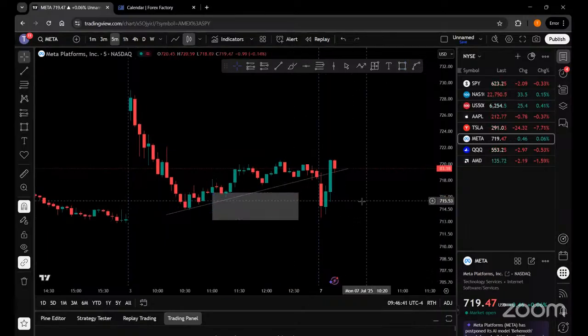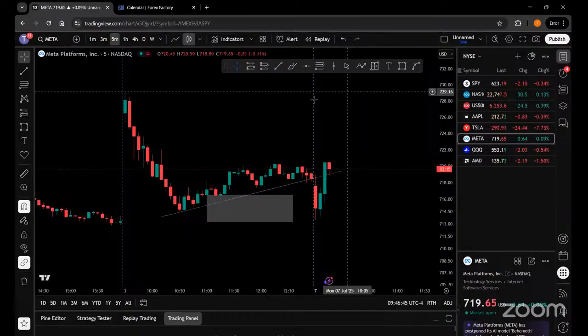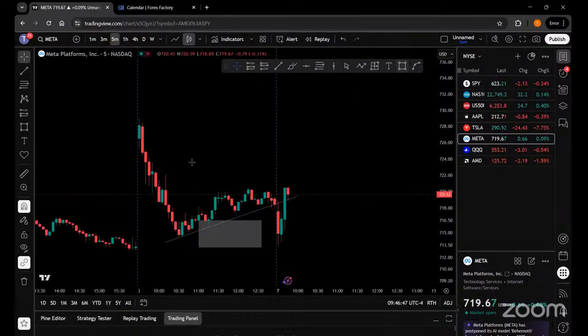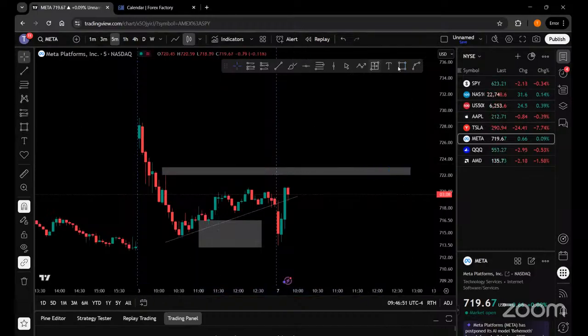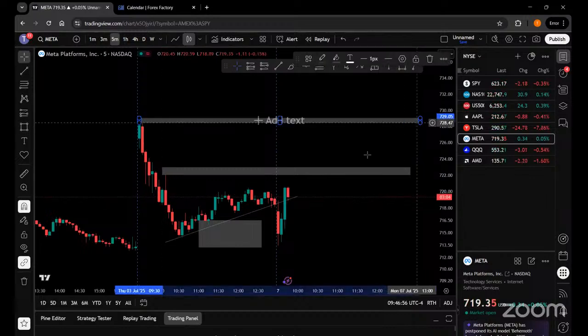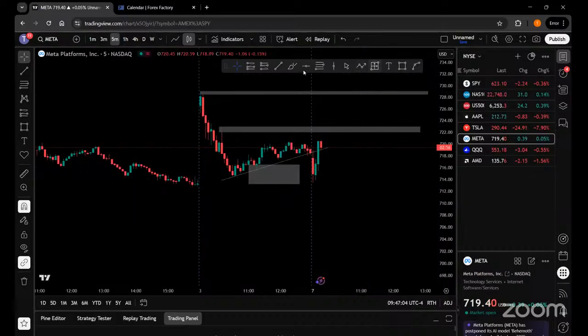That means the high probability now is that the price will try to go towards the upside today. So we can expect the 722 level to be taken out, and it is not impossible that the price can go above the previous day high of the 720 or 730 level as well, because the price has already swept the downside liquidity.